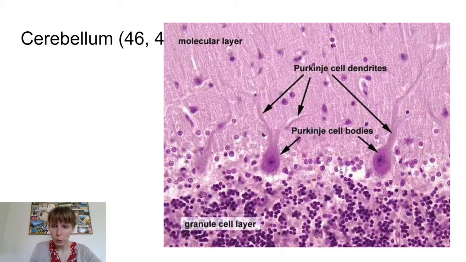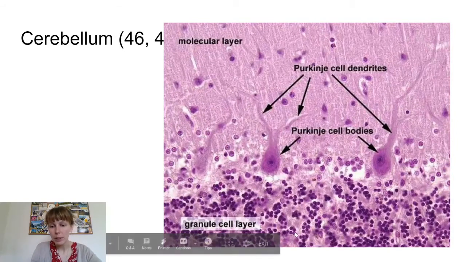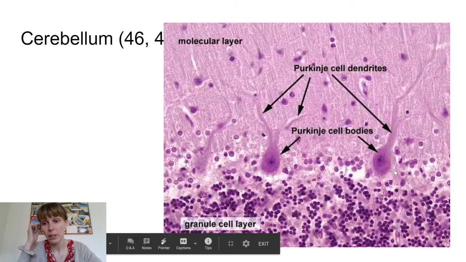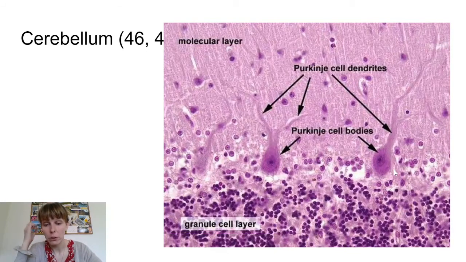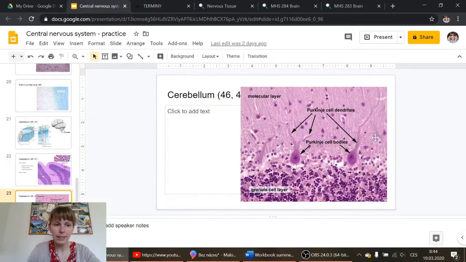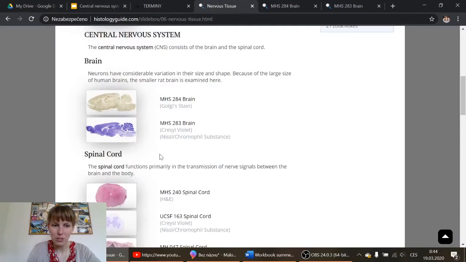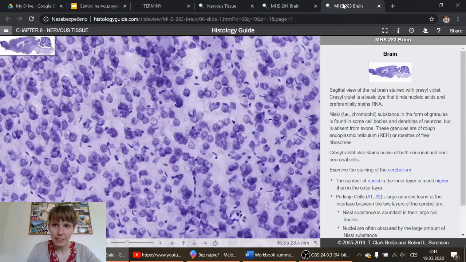So you should be able to find and name these layers and find the Purkinje cells on your slides in the future.